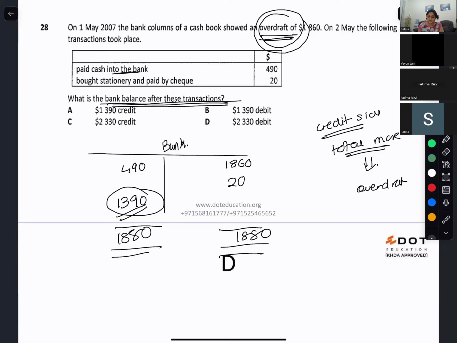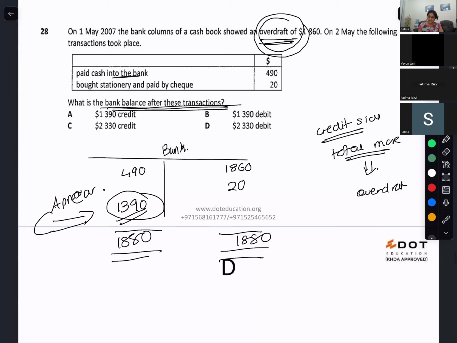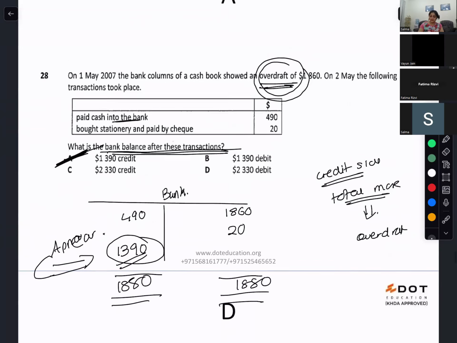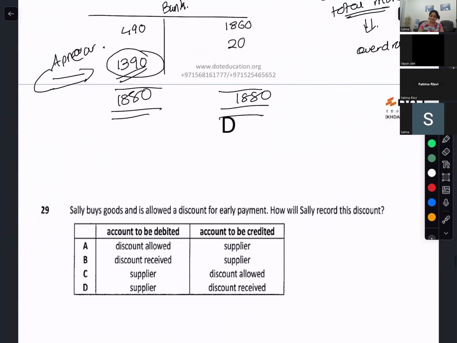Overdraft appearing on the debit side, so the balance will be on the credit side. So it's a credit balance of 1,390. Okay, A. You're with me? Yes, miss.